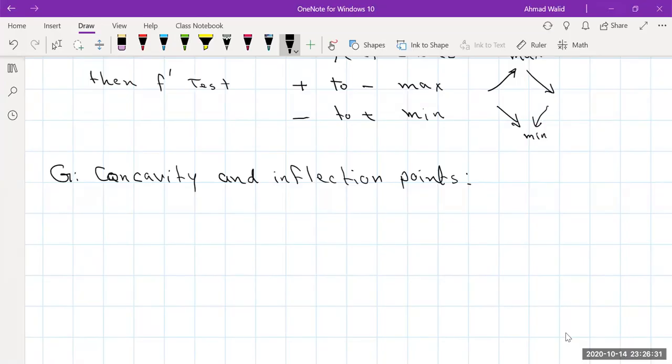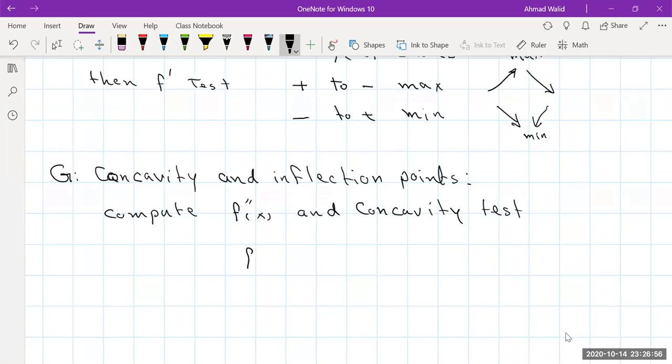What we do, we compute the second derivative, f double prime of x, and use the concavity test. All of them is in your lecture.